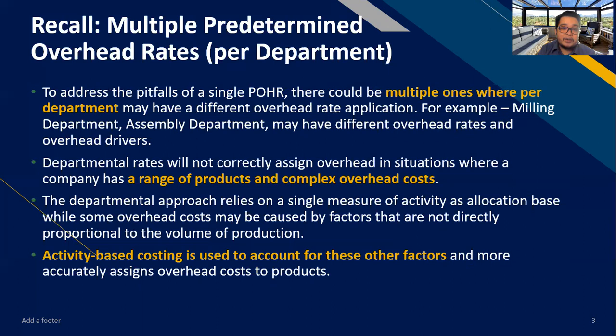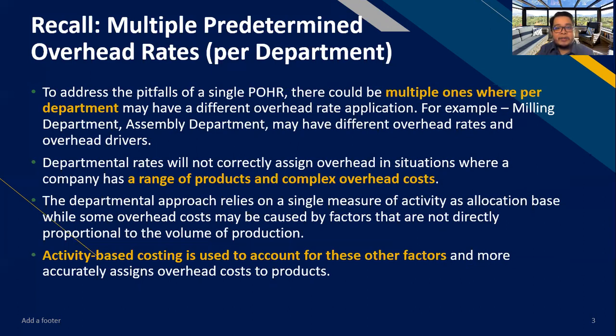But we're just using direct labor hours as a proxy so that we can allocate and assign costs to the products. But their physical flow or physical drivers are not really direct labor hours. So it makes it a little bit adaptive to the needs of having correct costing, but there are still pitfalls.